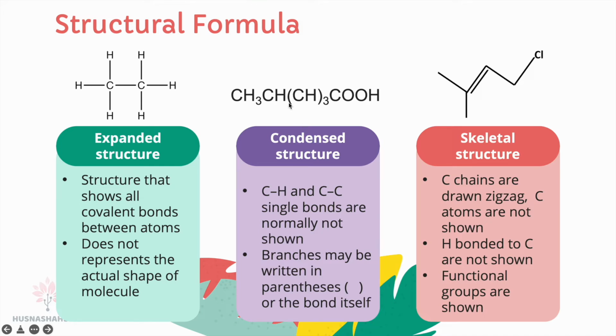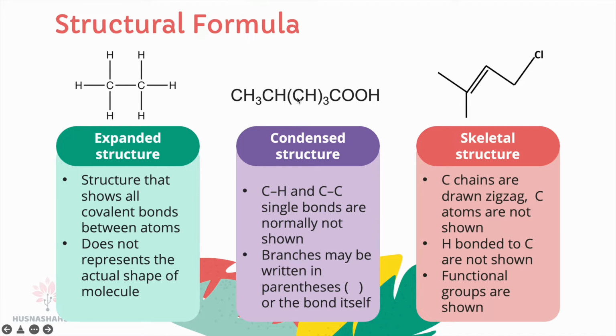And in condensed structure, branches may be written in parentheses. We call this the parentheses, or the bond itself. Some condensed structures show that if it is a branch, this carbon will have 1 single bond with this carbon, but on the branch side, not in the parent chain.